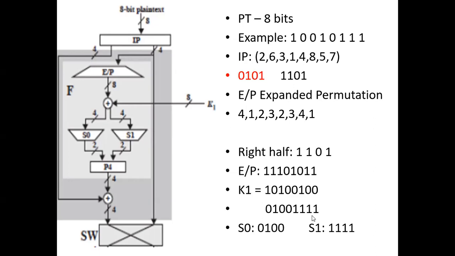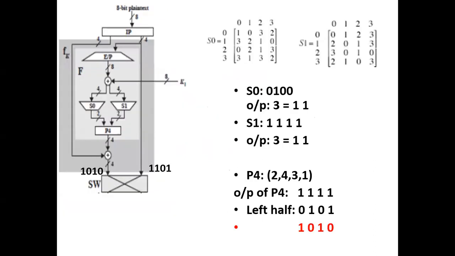01001111. After that, that 8-bit is divided into two 4 bits, left and right side. The left 4 bits are given to S0, and the right side 4 bits are given to S1. See here, this is the S0 matrix and S1 matrix.